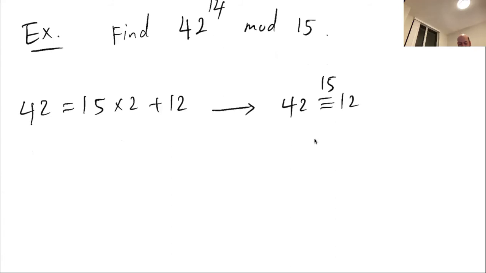Well, 12 itself is congruent to -3, right? 12 and -3 are congruent mod 15. Why? Because the difference between 12 and -3 is 15 itself, which is, of course, divisible by 15.